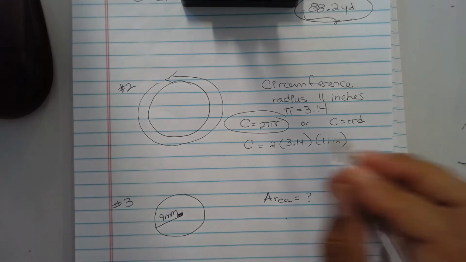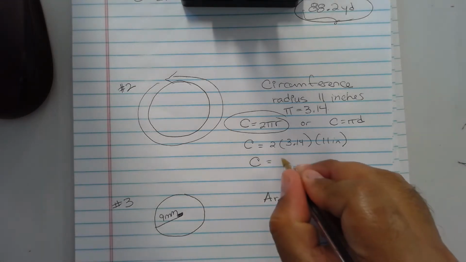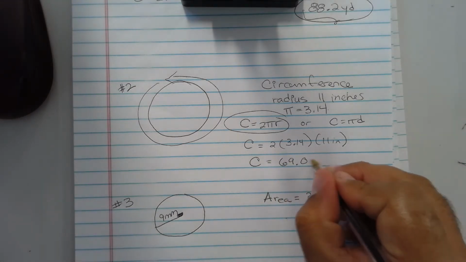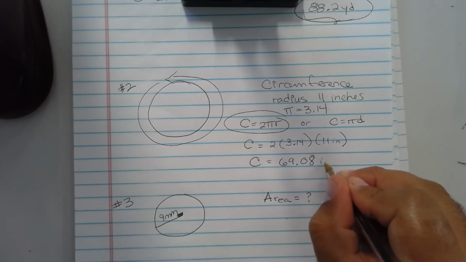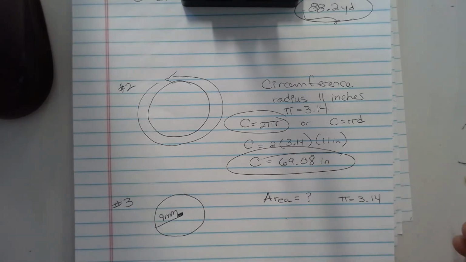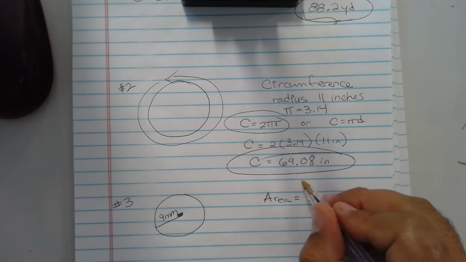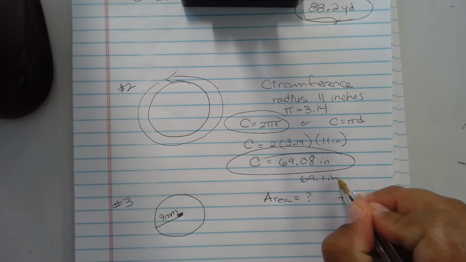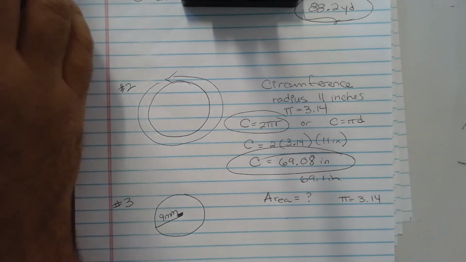What is your answer? 69.08 inches. And if it says round to the 10th place, it'll be just 69.1 inches. All right.